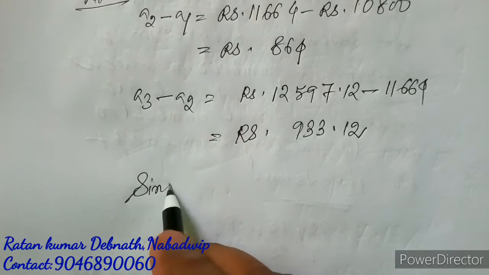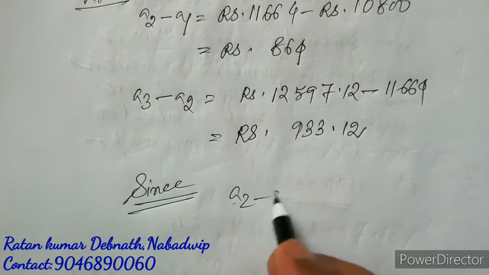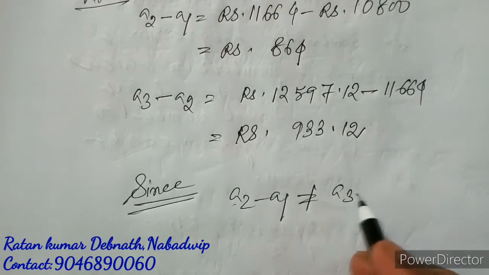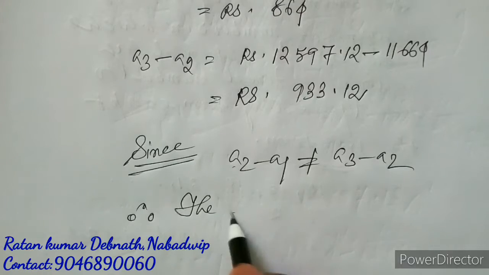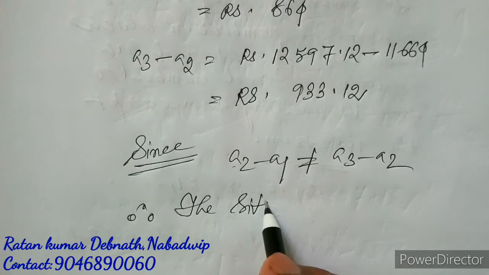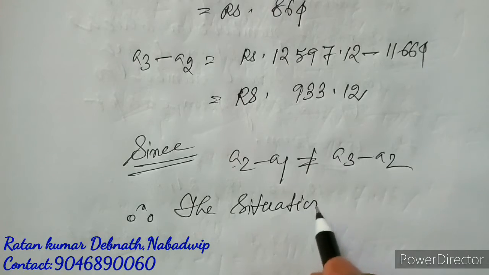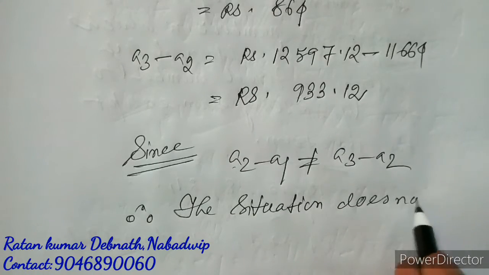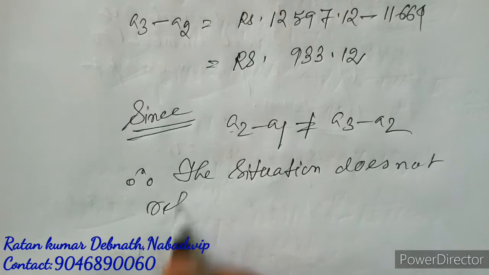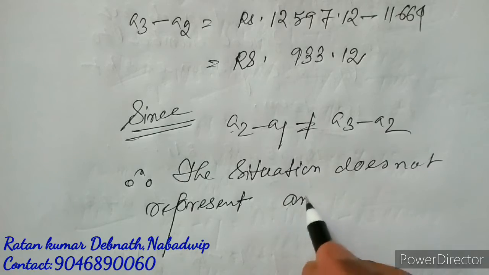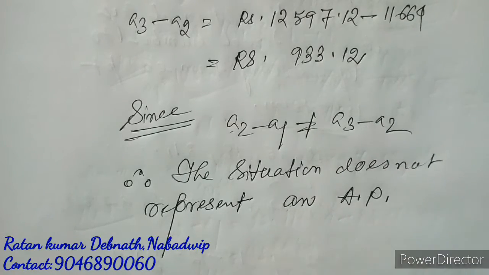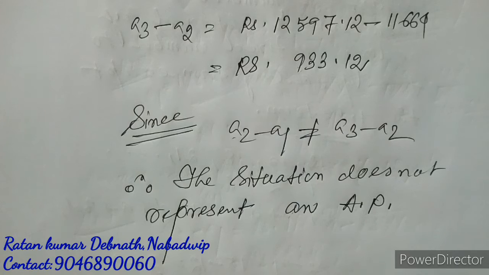Since A2 minus A1 not equal to A3 minus A2, therefore the situation does not represent an arithmetic progression. I think you got a clear conception about arithmetic progression.